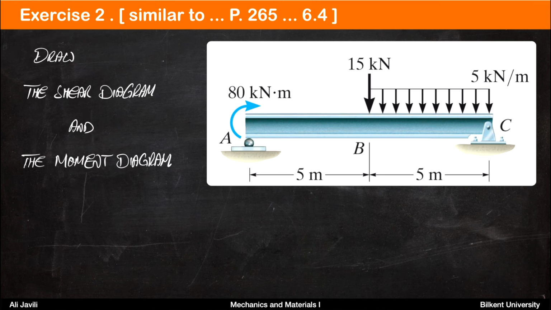It's a simply supported beam. Here it's fixed at C and you have a roller at A. You have a distributed load, 5 kilonewton per meter. It's uniformly distributed. Then you have a single force, 15 kilonewton, and you have a moment at A, 80 kilonewton meters. The beam is 10 meters in total.